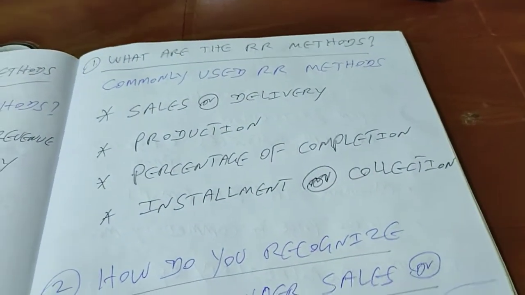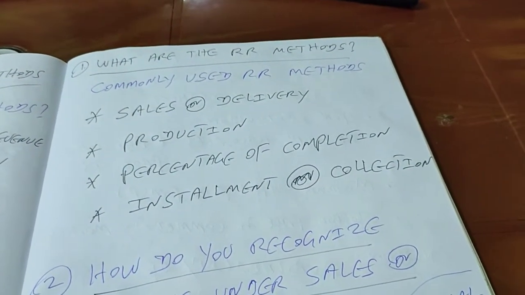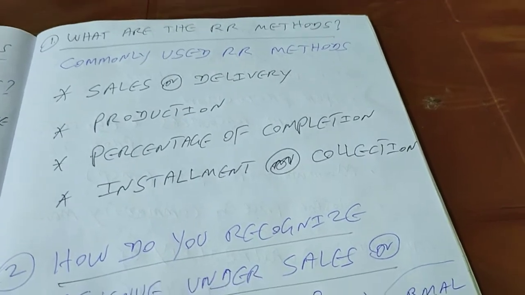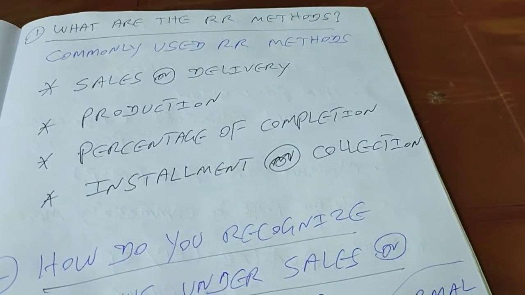What are the basic revenue recognition methods that are available for a seller to recognize his revenue for a particular period of time?